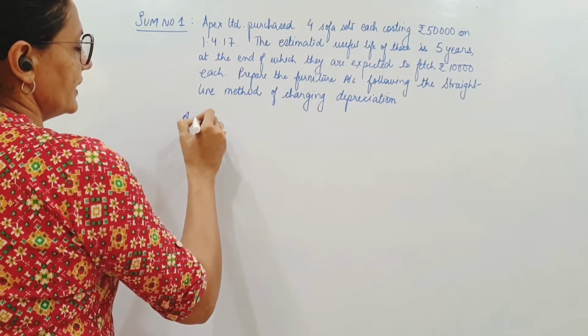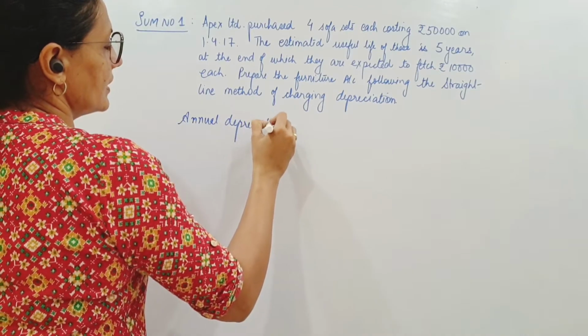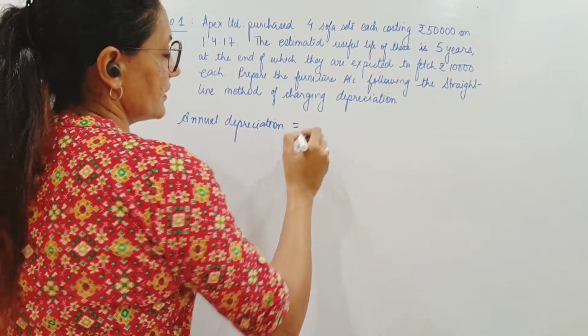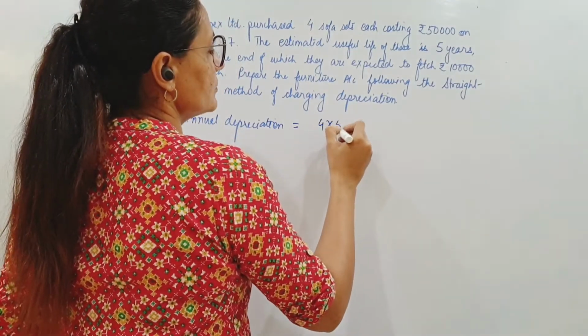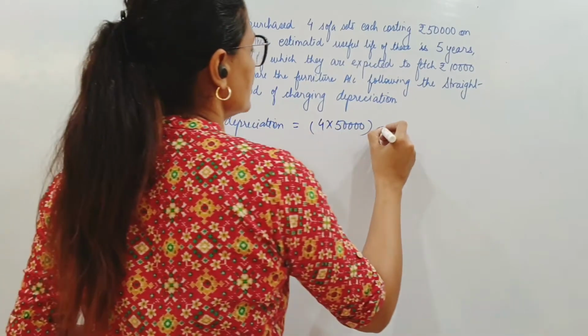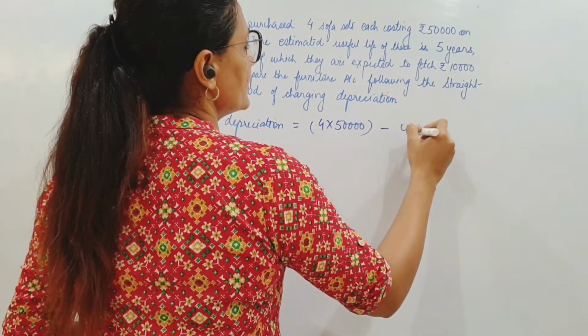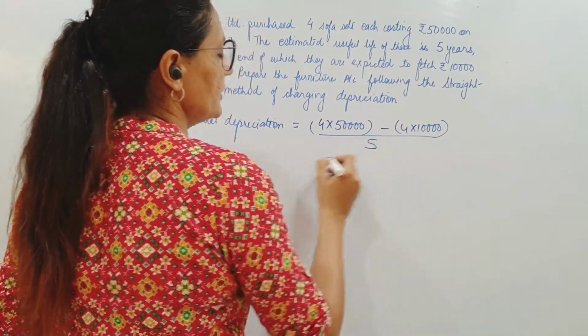So let us calculate annual depreciation. हर साल कितना depreciate करना चाहिए, right? Original cost is 4 into 50,000. There are no more additional expenses. Minus scrap value 4 into 10,000, divided by useful life.